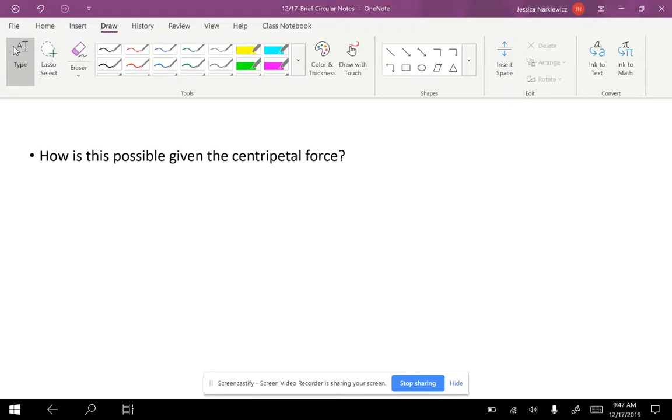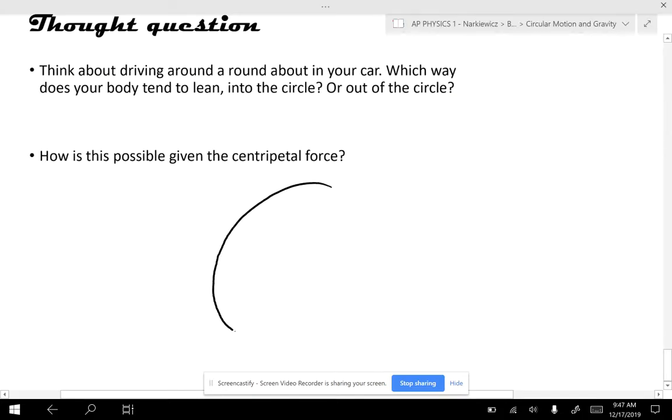Remember Newton's first law. Newton's first law says that any object wants to move in a straight line unless acted on by a force. So when you are driving around this circle, what your body wants to keep doing is moving forward. Instead of continuing on with the circle, it just wants to keep moving forward.